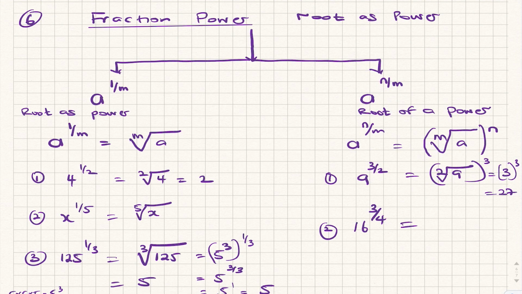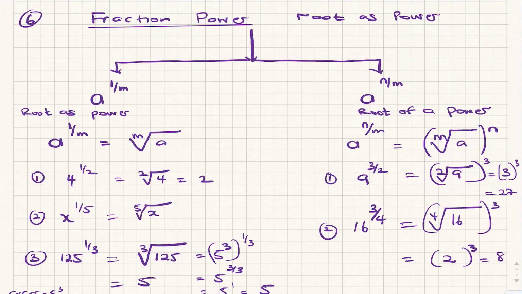And likewise, 16 to the power of 3 over 4. So that will be the 4th root of 16, cubed. And the 4th root of 16 is 2, cubed. And this is 8.